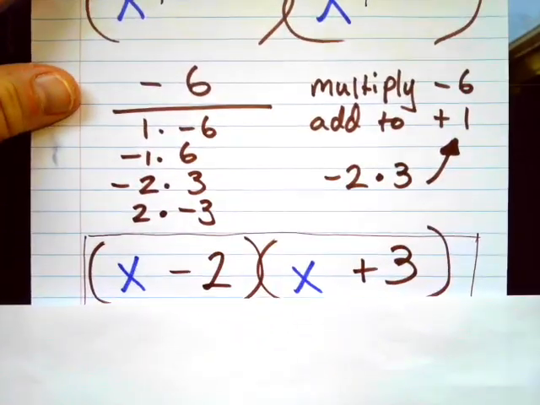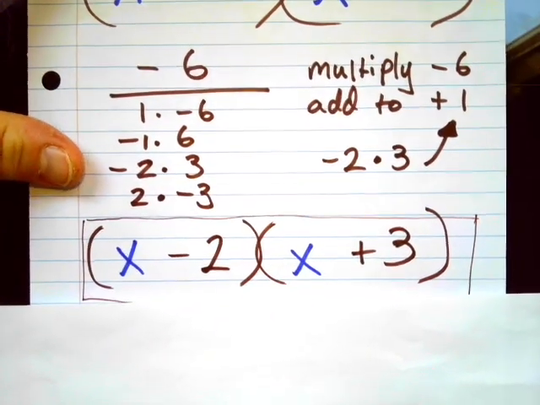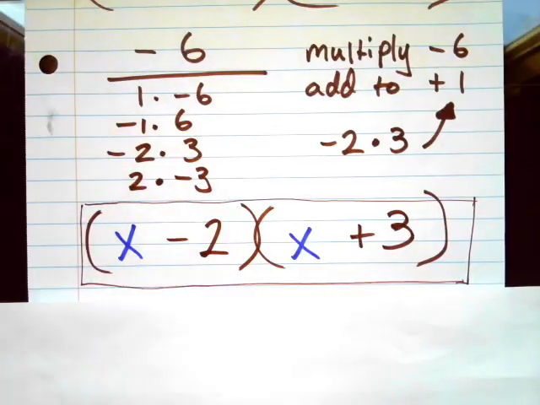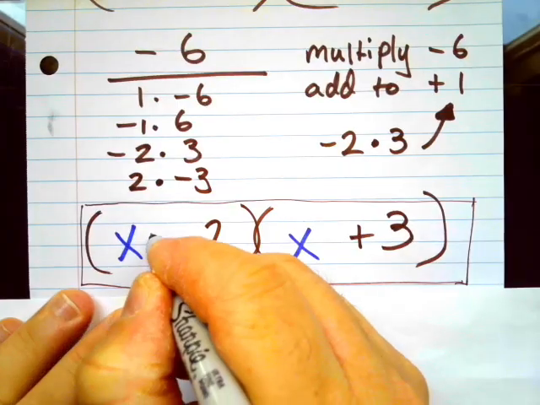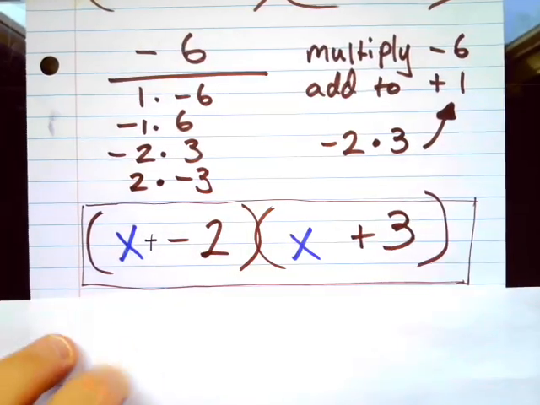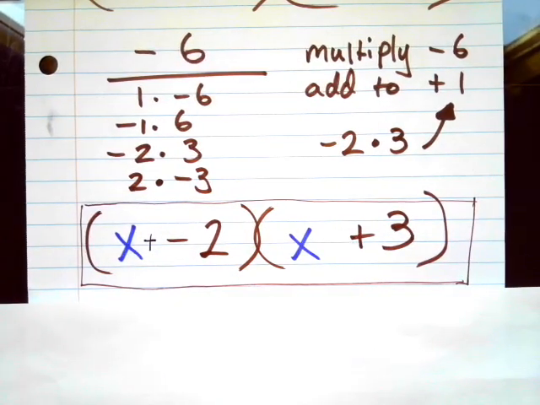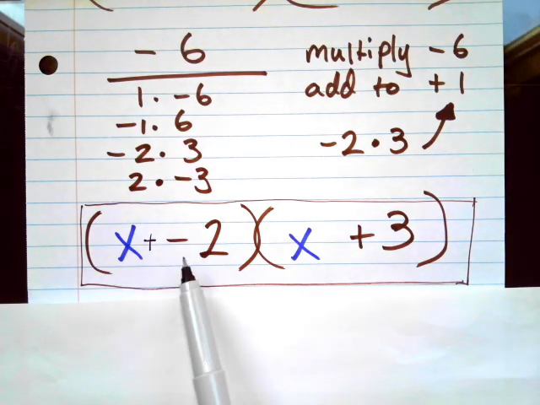Let's take a look. I have x minus 2 times the quantity of x plus 3. Is it okay for me to put a plus sign right there? Absolutely. This just means x plus a negative 2 value, right? That perceived subtraction sign is really a negative that goes with that value of 2.